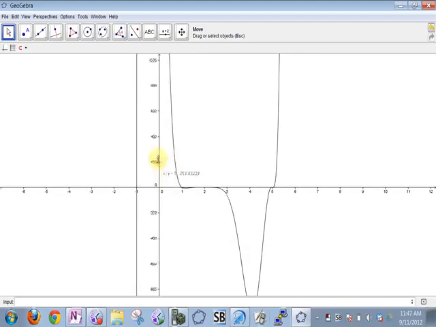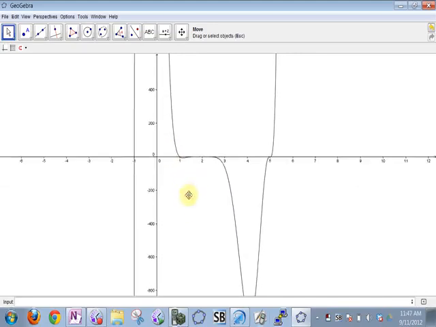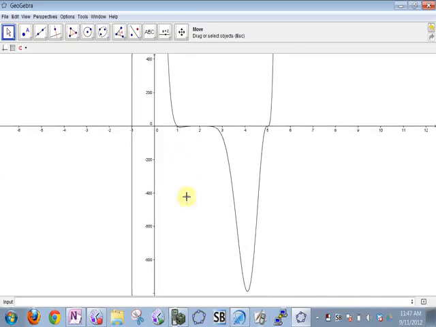Oh my. Alright, so this isn't the prettiest thing in the world, but we'll go with it. Okay. Pretty tricky.